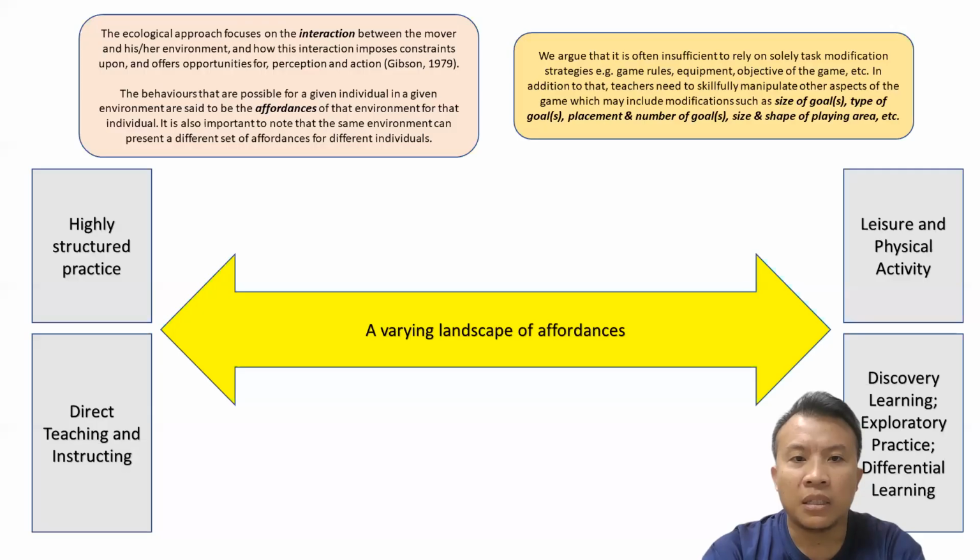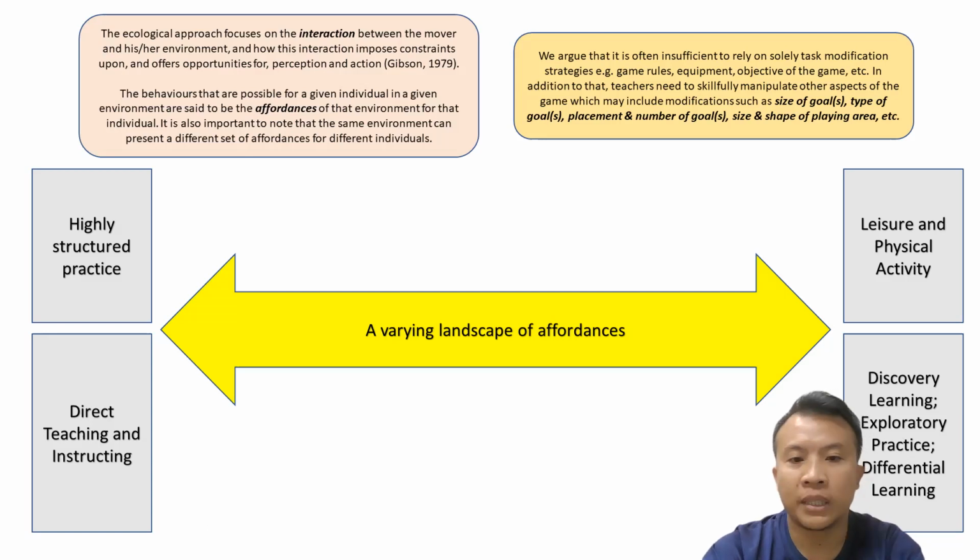Okay, so in particular, before we go through some possible game ideas, I would say it's important to understand that affordances can reside within a spectrum. So on one end, on the left, the game design could be overly constrained to the extent that there's very little affordance.